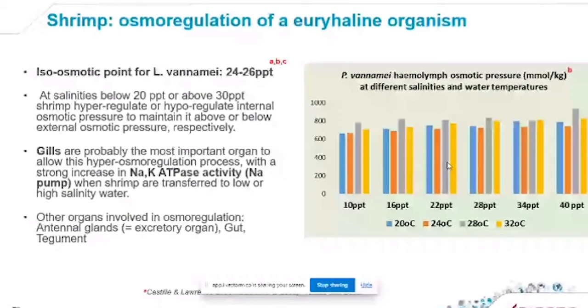When you transfer shrimp to a different salinity, you will see an increase in the activity of this sodium pump. Other organs are involved: the antennal glands, which are the excretory organ of the shrimp, the gut, which will reabsorb some ions from the nutrition, and the tegument.